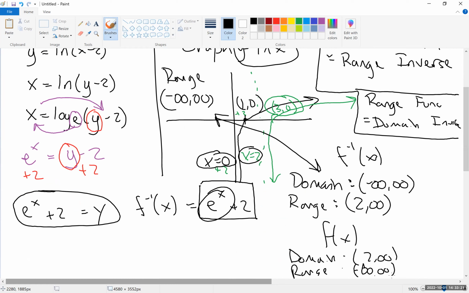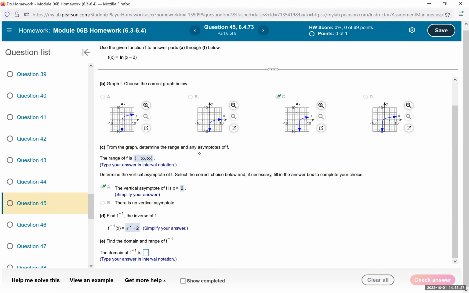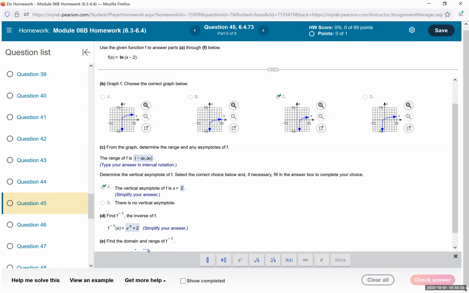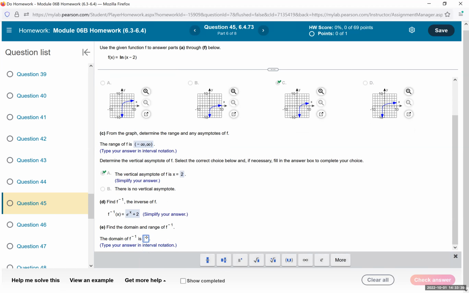That right there is an extremely important concept that you are tested over multiple times. So find the domain and range of the inverse. This is asking for the domain of the inverse. The domain of the inverse is the same as the range of the regular, which is negative infinity to infinity.